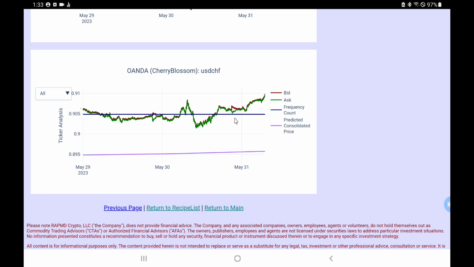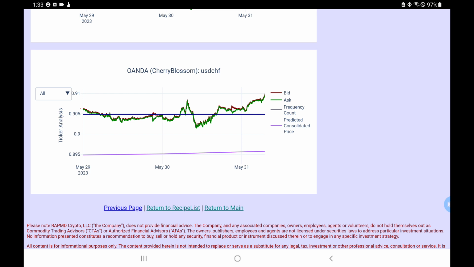You could also see that the price is drastically above the predicted consolidated price. So this suggests that the price is going to drop in the future. The maximum frequency count is also well below the bid-ask price as well.